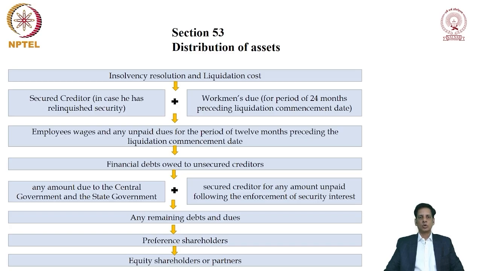Insolvency resolution cost and the liquidation cost will be met from the liquidation proceeds as a top priority. The first line in the entire table, if you see, the priority is given to the insolvency resolution and liquidation cost.